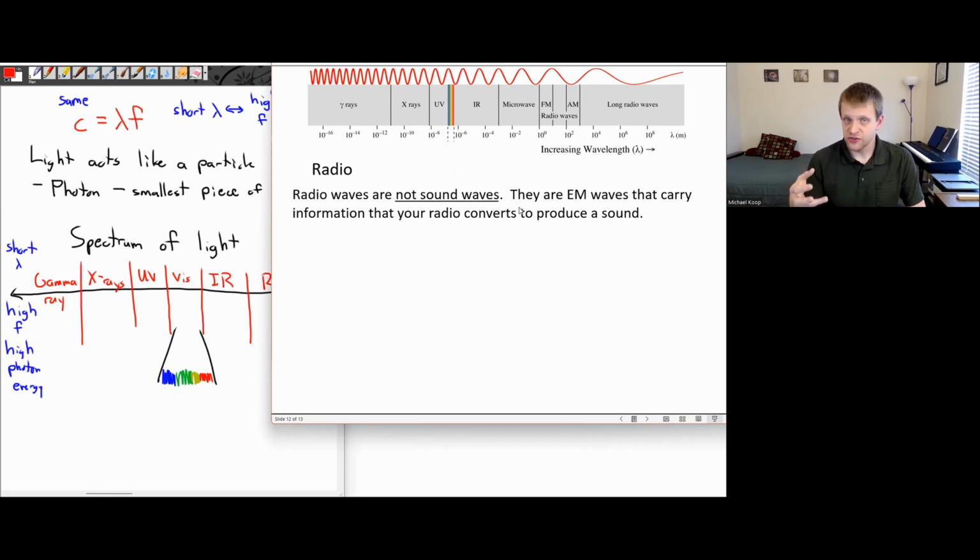So these radio waves are electromagnetic waves that carry information. Within that electromagnetic wave is encoded the information that your radio needs to convert into sound. Or for things like cell phone signals, phones also have an antenna built inside of them. We don't have the kind where you need to lift the antenna out anymore.